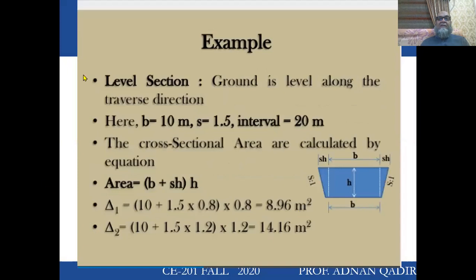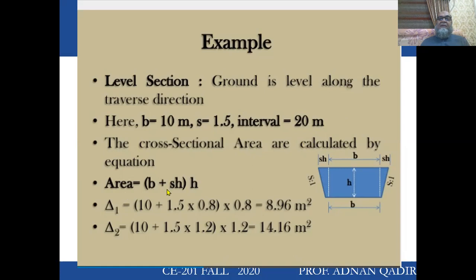So what you do, you know this is a level section because it says the ground is level along the transverse direction. The width is 10 meter, S is 1.5, interval is 20 meter. So 20 meter will be used for calculating volume.